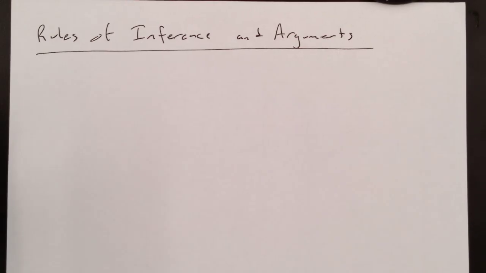You've heard this term in statistics. We talk about descriptive statistics and inferential statistics. The goal is to draw inferences, to make valid conclusions. What we're really doing is we're building an argument.